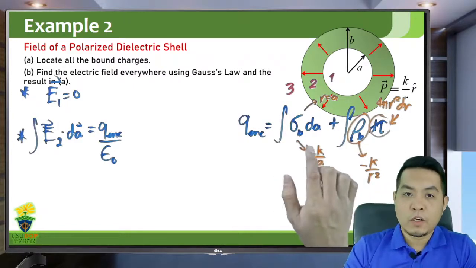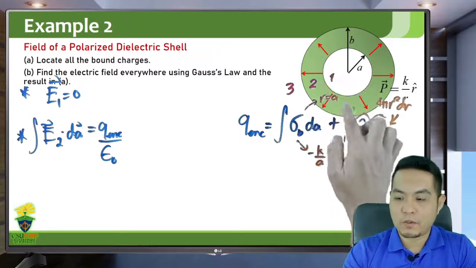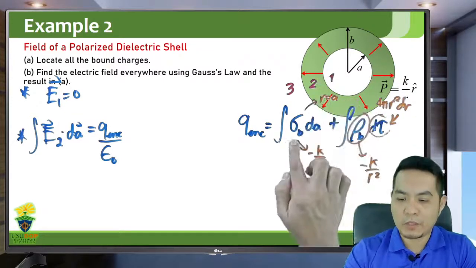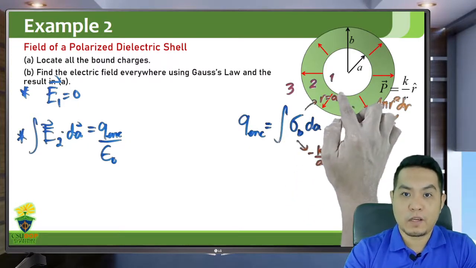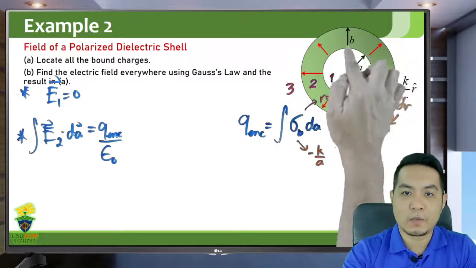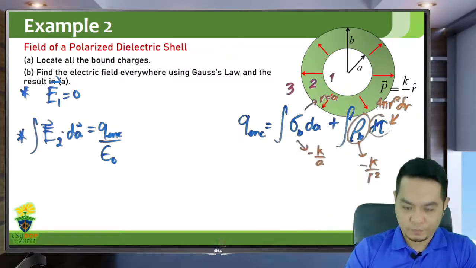Or sorry, the total area of our surface, where our surface is this surface here. Take note, this is a surface integral, and the surface that it's talking about is this surface here, R is equal to A. So the integral of dA here is 4 pi A squared.